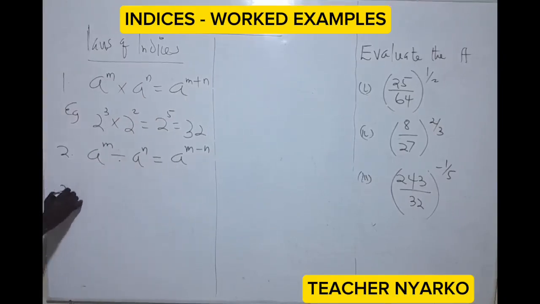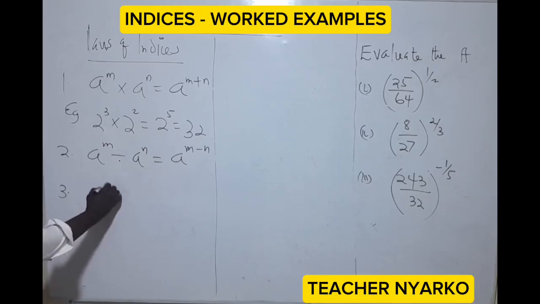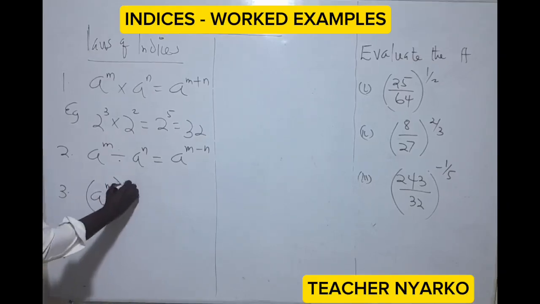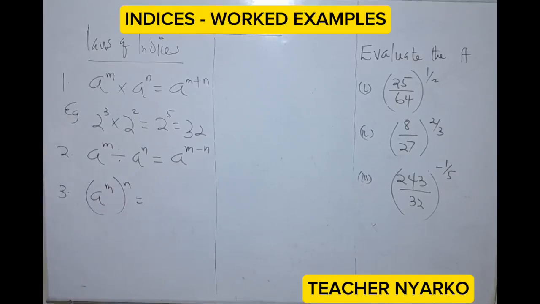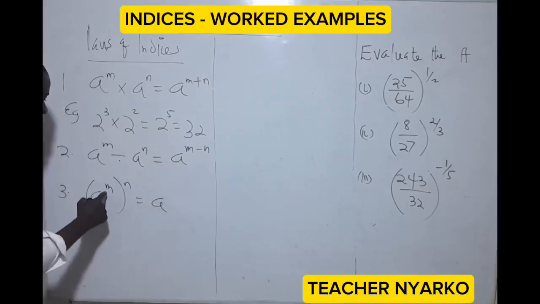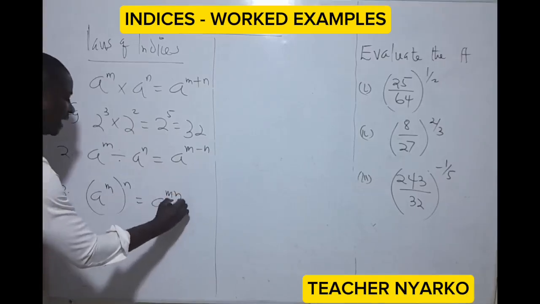Now, with the third law, we have a exponent m, in bracket, exponent n. What the third law is saying is, if you have an index in the bracket, a exponent m, where a is the base and m is the exponent, all exponent n, then m multiplies n, so this will be equal to a exponent mn.